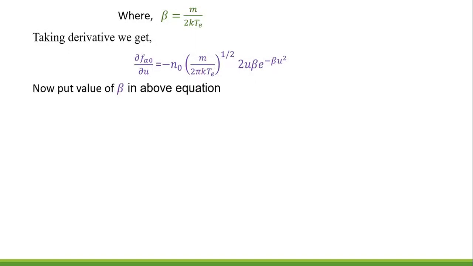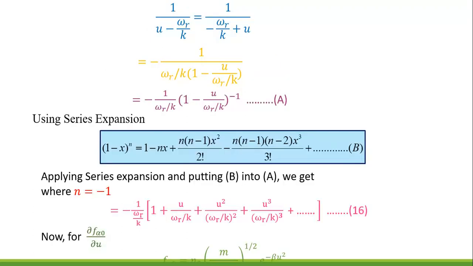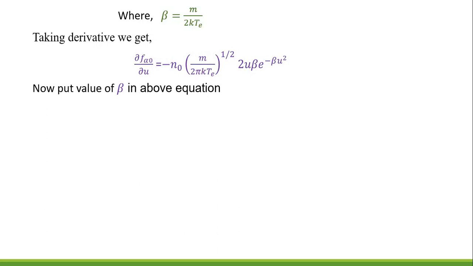Here, if we substitute beta in the Maxwellian, actually here is the Maxwellian distribution function. If we substitute in the Maxwellian distribution function beta as m over 2 kt, and differentiate the Maxwellian distribution function over the velocity space, we will simply have this expression.